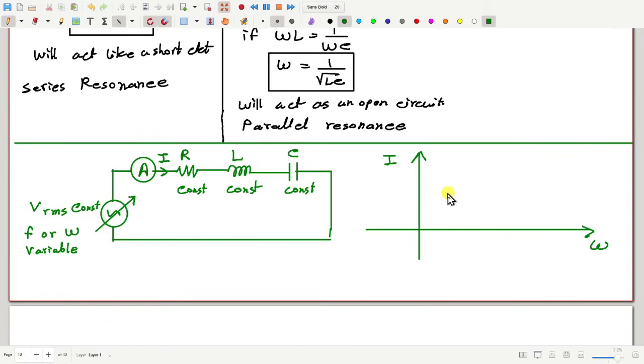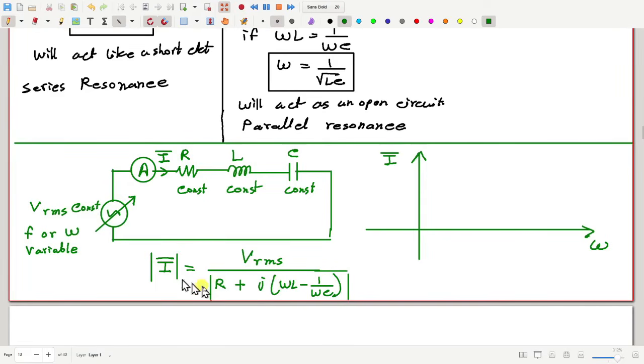When will this current be maximum? Basically, the magnitude of I is equal to VRMS divided by the magnitude of R plus j of omega L minus 1 by omega C. When will this current be maximum?